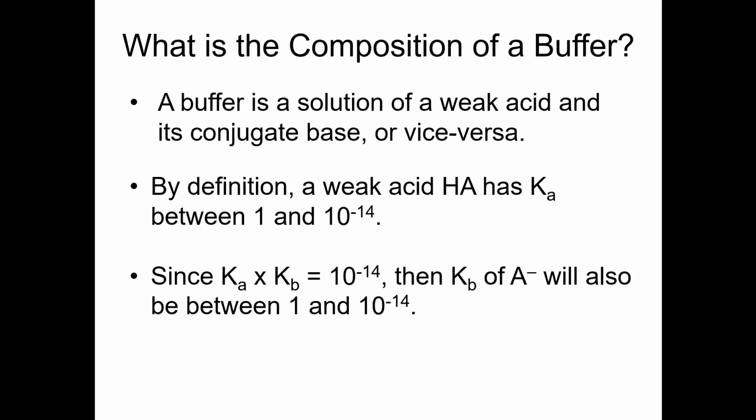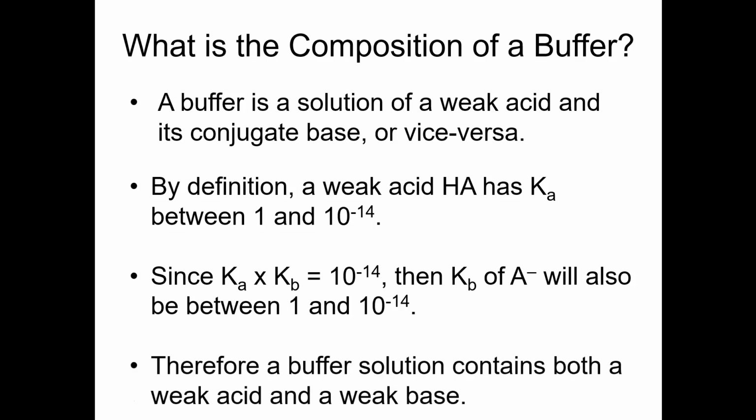So anytime you have a weak acid and its conjugate base, or a weak base and its conjugate acid, you have two weak species. And so a buffer solution always is going to contain both a weak acid and a weak base.